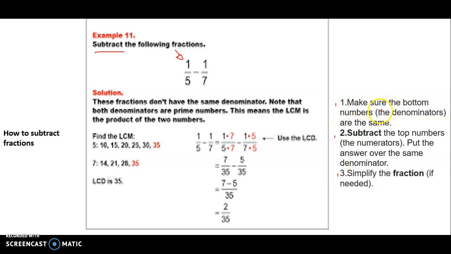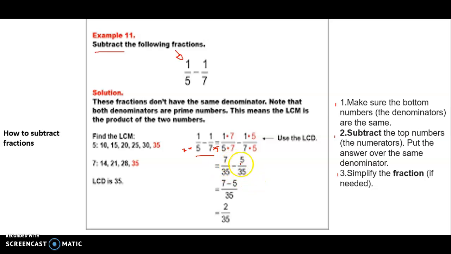First, make sure the bottom numbers, or the denominators, are the same. So how are we going to do that? These have a common denominator that is 35, because 5 times 7 is 35, and 7 times 5 is 35.